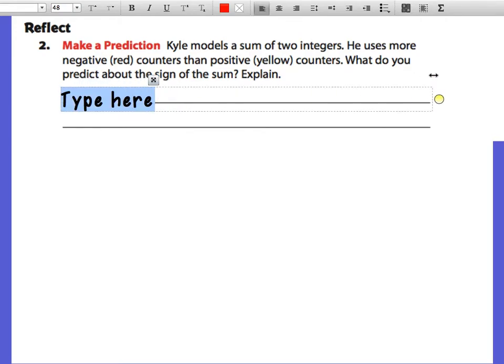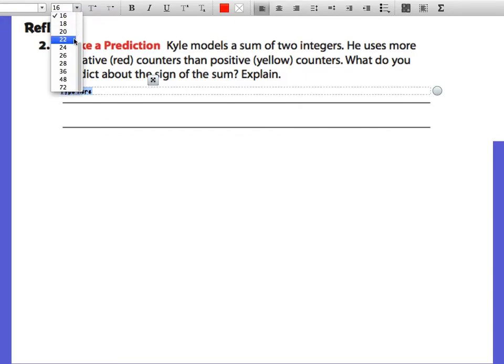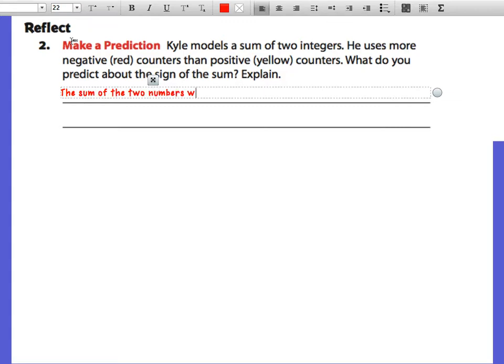Okay, so my prediction would have been that the sum of the two numbers would be negative, because I don't have enough positive chips to undo the negative chips.